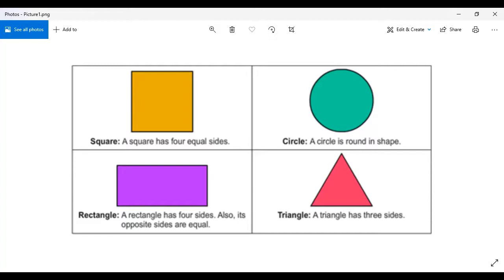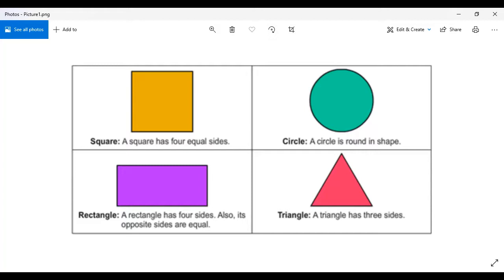Got it? Then the next one is rectangle, and as I told you, rectangle is the big brother of square, so it also has four sides, but the two sides are greater in length, right? And again four corners. Very good. What about the size? Exactly, it can be small, it can be big as well.